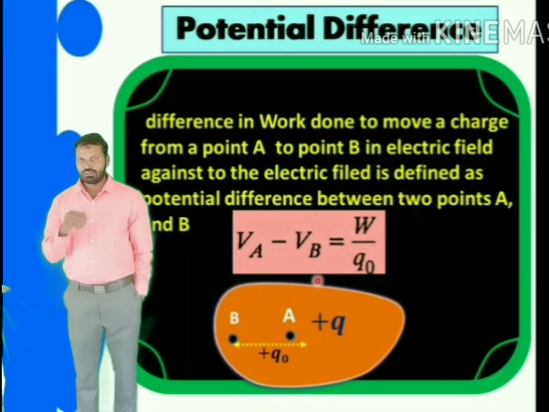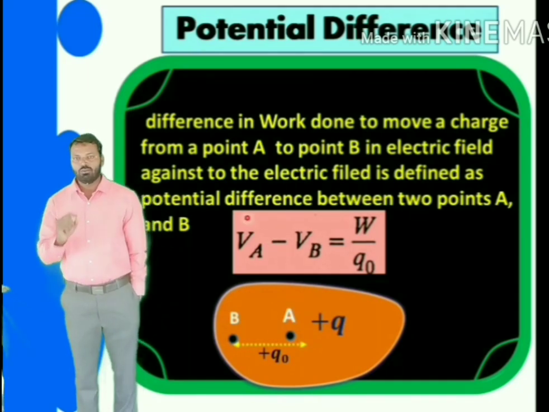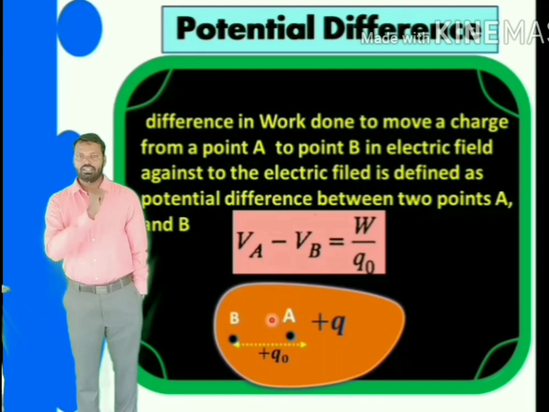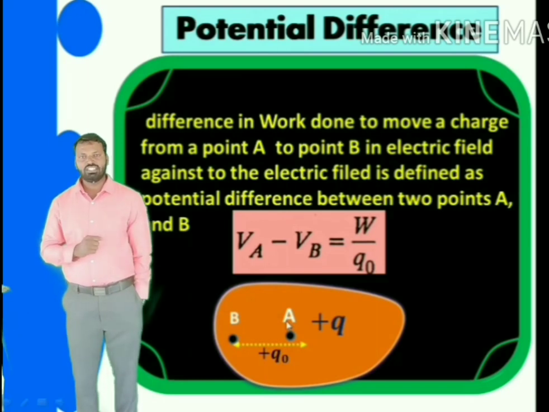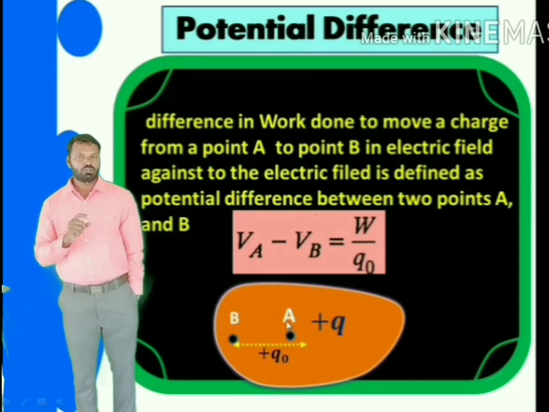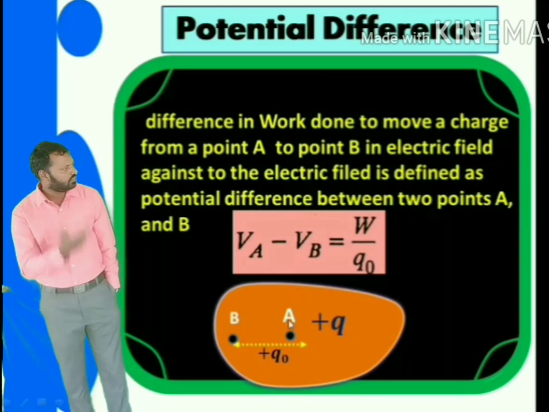If my Q0 is at A, then the potential is VA. The work done to move this Q0 from B to A is defined as potential difference between these 2 points. So VA minus VB is equal to W by Q0 or WAB by Q0. You can write any way.